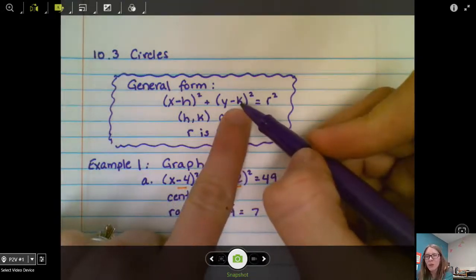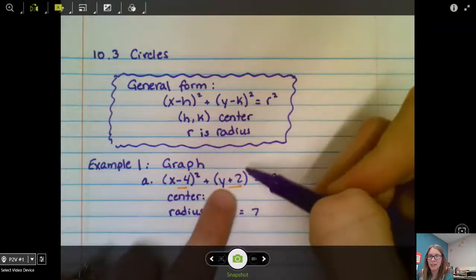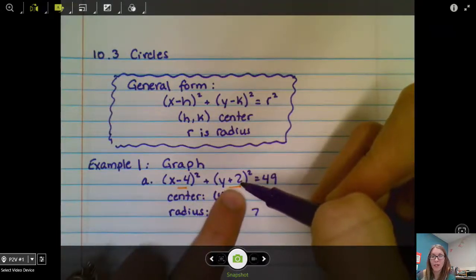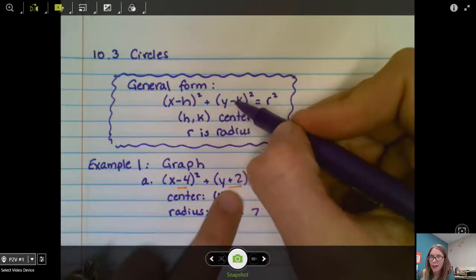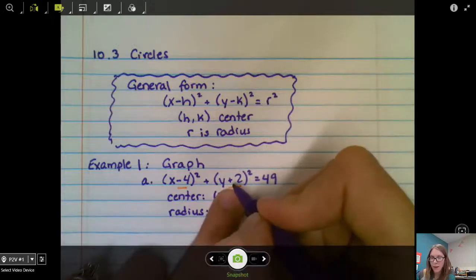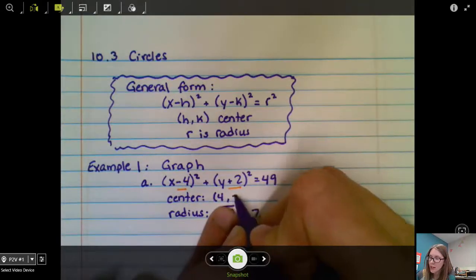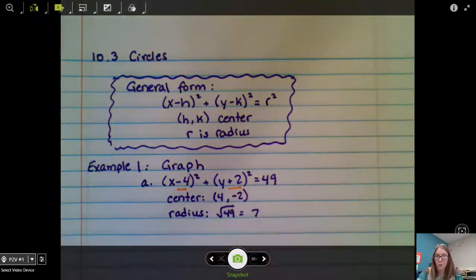The y is a little weird because it still kind of goes the same way. If it's a minus here, then our y value is positive. If it's plus, that means our y value is negative. So we would have to subtract negative 2 to get the plus 2 here, which means our center is at 4, negative 2. Okay, so we know this information about our circle.